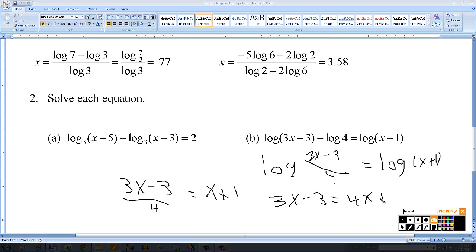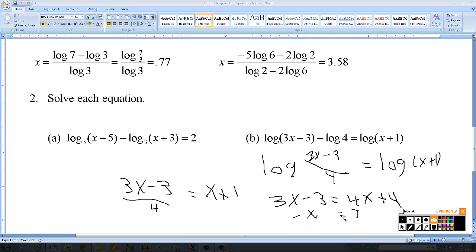Okay, so now let's collect our x's. So bring the 4x to this side as minus 4x, and 3x minus 4x is minus x. Take the minus 3 over to this side, it's a plus 3, so that gives me 3 and 4 is 7. So I get minus x is equal to 7, so that tells me that x has to equal, multiplying by negative 1, negative 7.